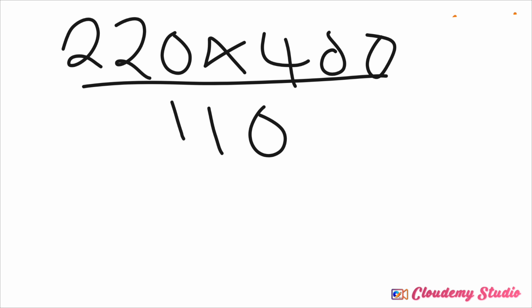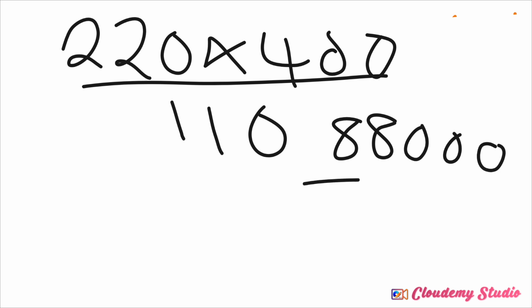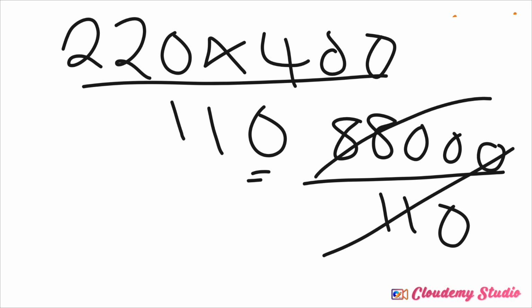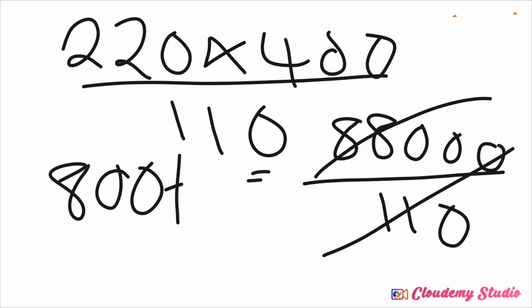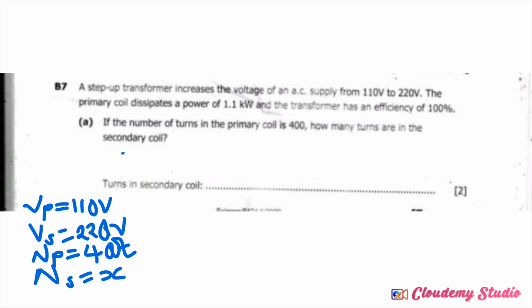Then here we are going to get 88,000 divided by 110. When we divide these, we are going to get 800 turns. So the number of turns in the secondary coil is 800 turns.